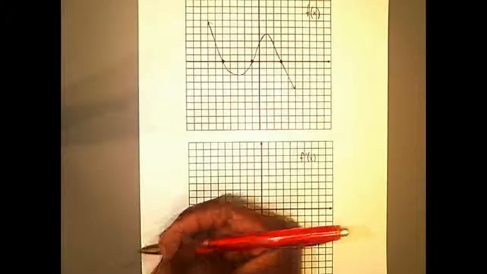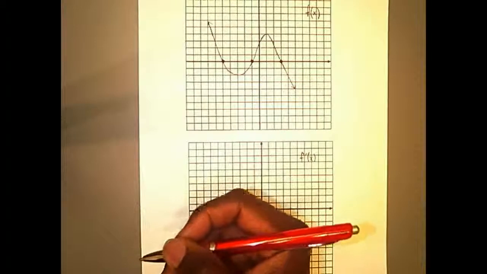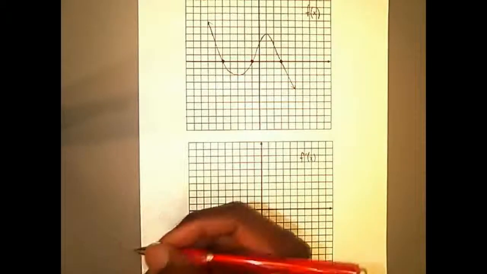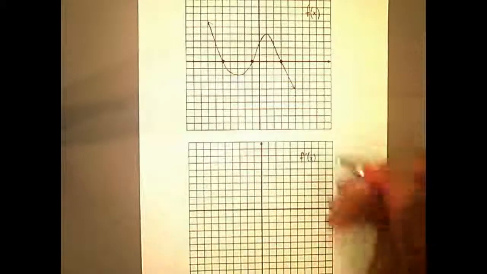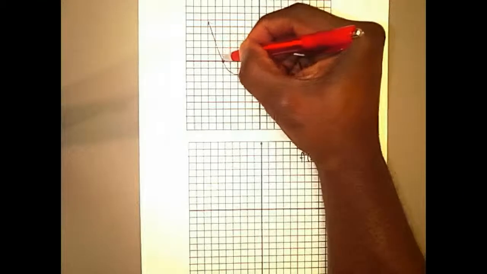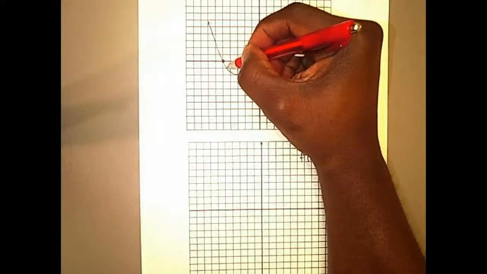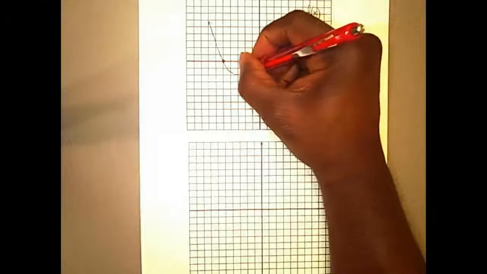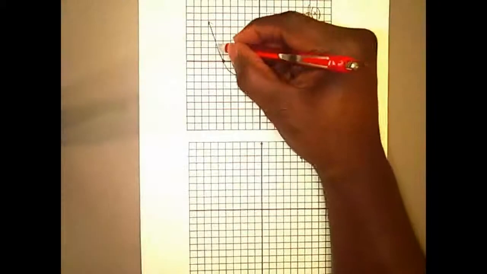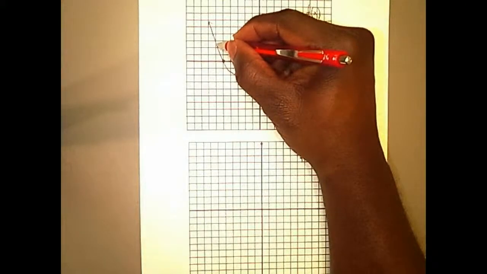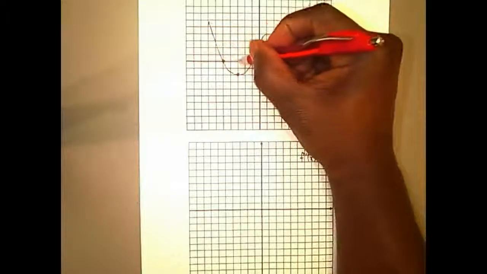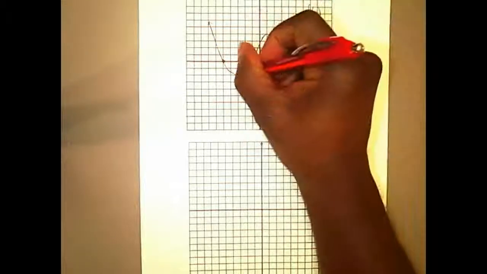Another way of saying that is we're trying to find out, is the function increasing, decreasing, or constant? This graph is decreasing, so the slopes of the tangent line should be negative right up until we get to about here. So we should have negative slopes for tangent lines for all these x values up until we get to here.